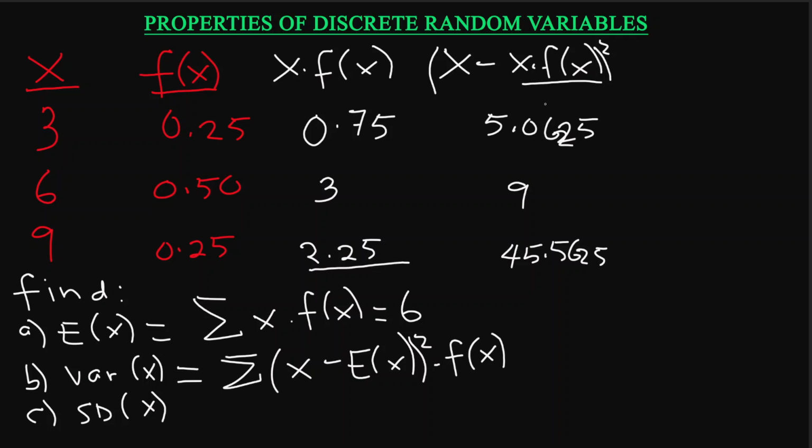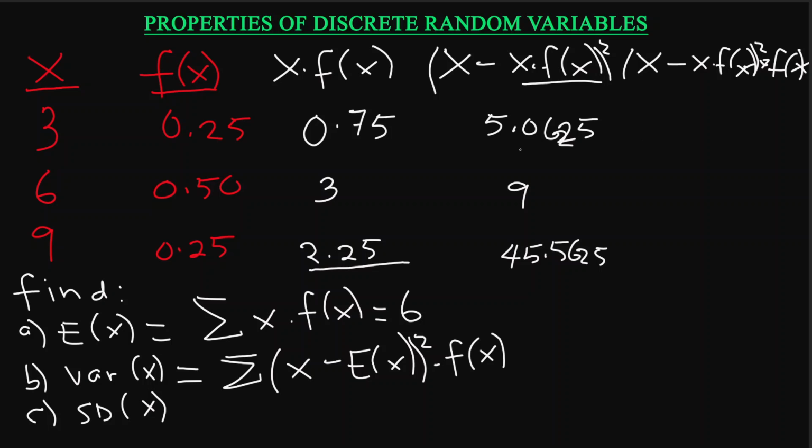So now let's take our squared deviation of x from its mean or expected value and multiply by the related probabilities that we are given here. Let's create a column for that. That will be x minus x times f of x, whole squared, times f of x.